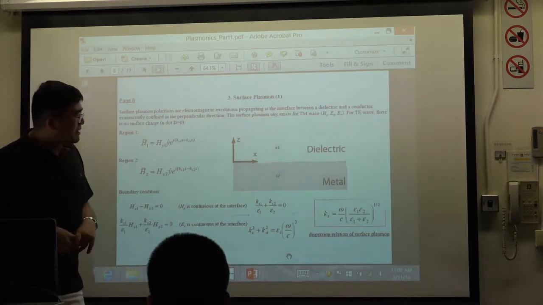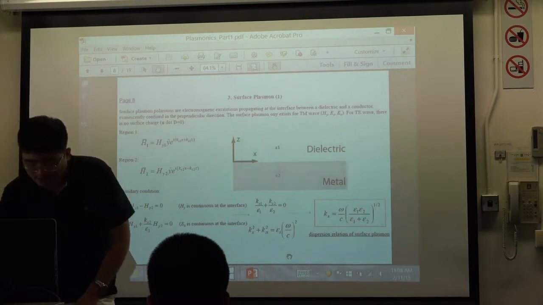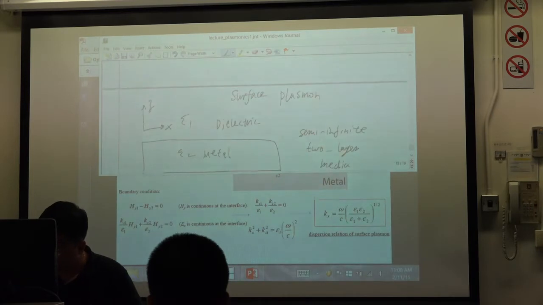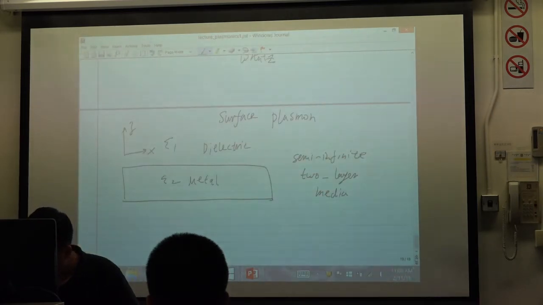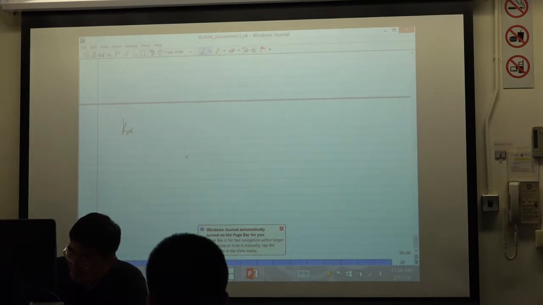From this dispersion relation, it has a resonance condition. I just draw this carefully. This is the dispersion relation. It's very important. Kx is the tangential wave number.